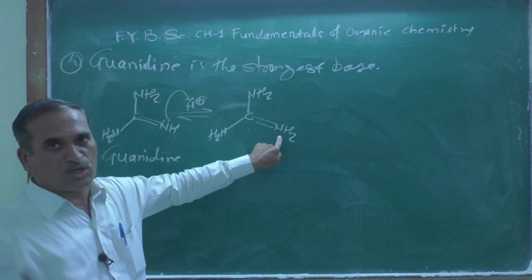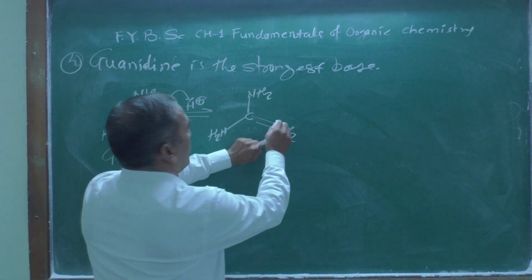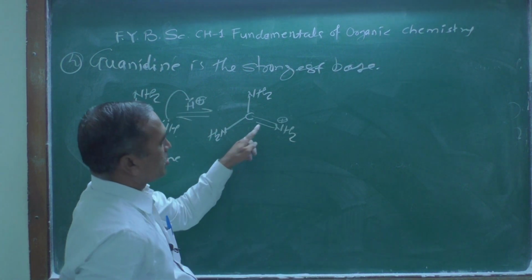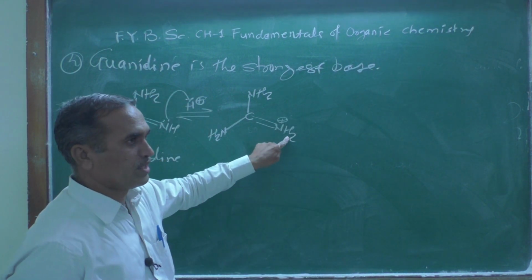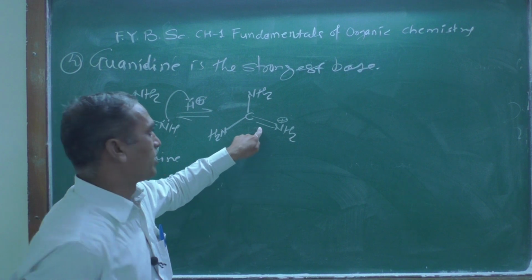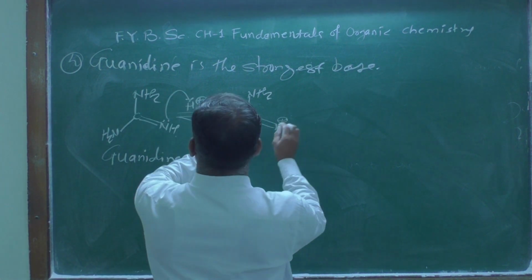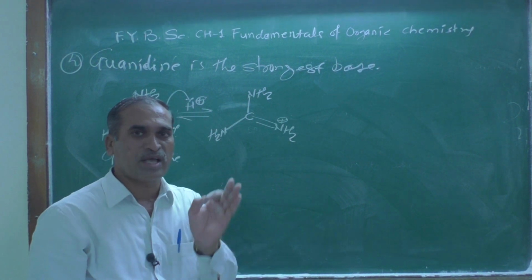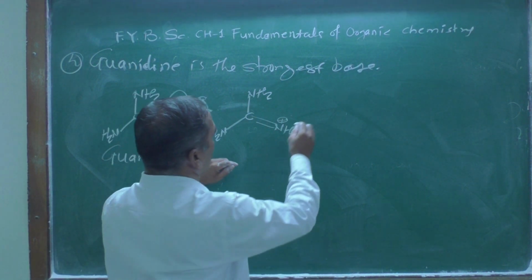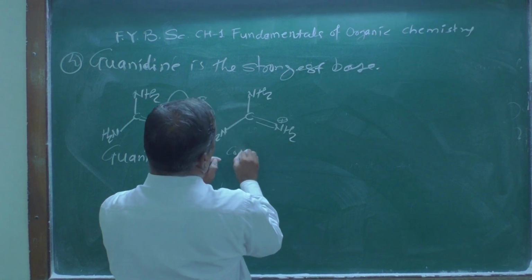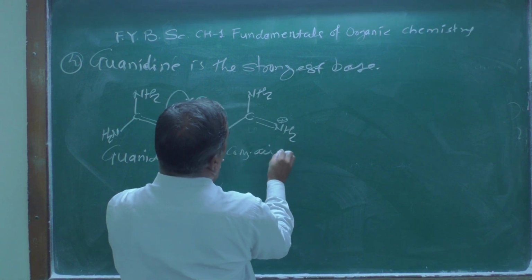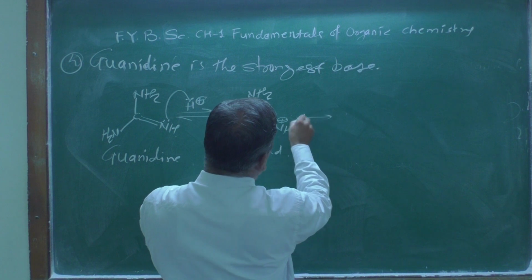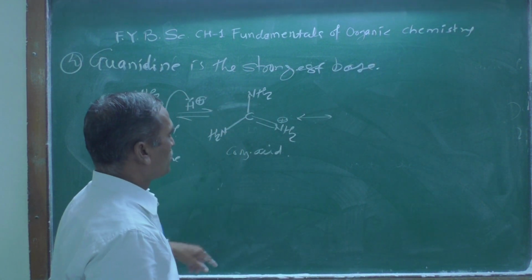What will be the charge on that nitrogen atom? I am putting a positive charge because there are 4 bonds, 2 with hydrogen and 2 with the double bond. Therefore, this conjugate acid formed is well stabilized due to resonance.